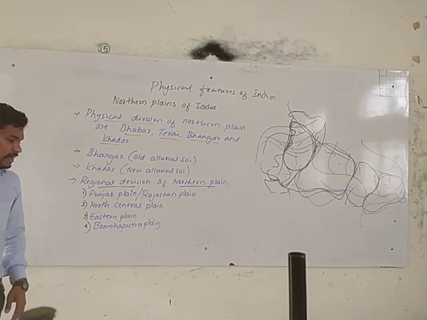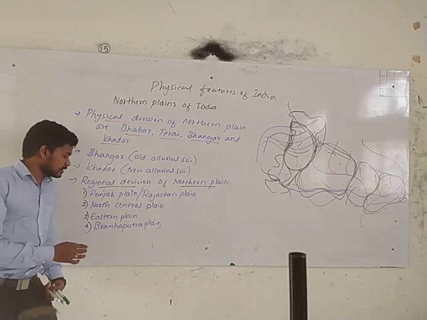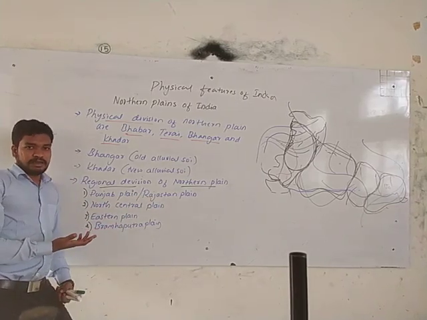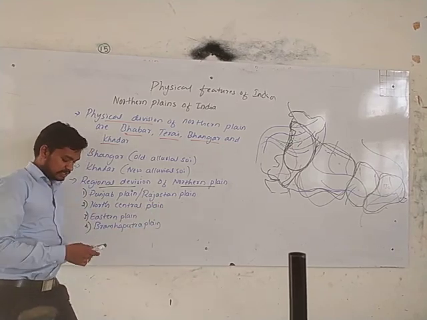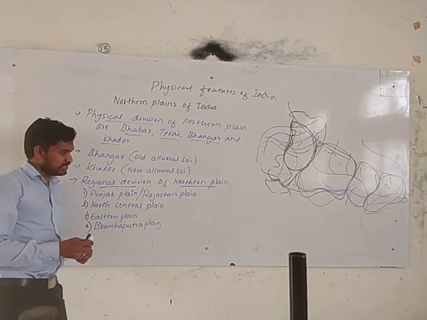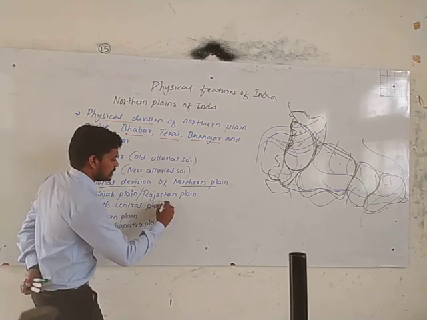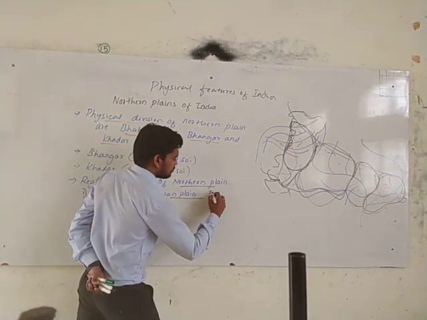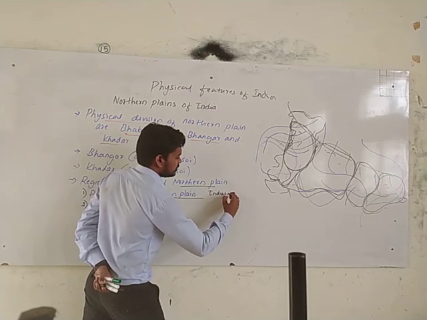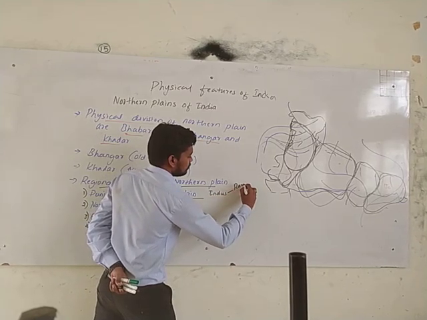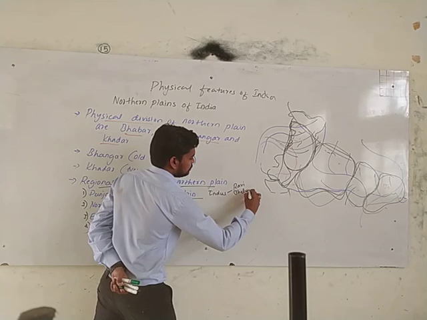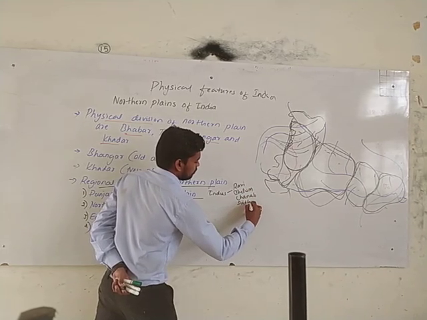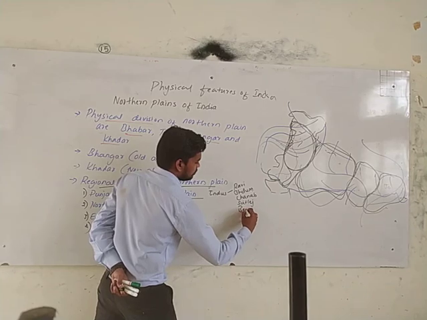Is that clear? And further, we have to discuss how this Punjab plain is created. I think there is no need of writing all those things. I will write here. So this Rajasthan plain is formed by the main river Indus and its tributaries like Ravi, Jhelum, Chenab, Sutlej and Beas.